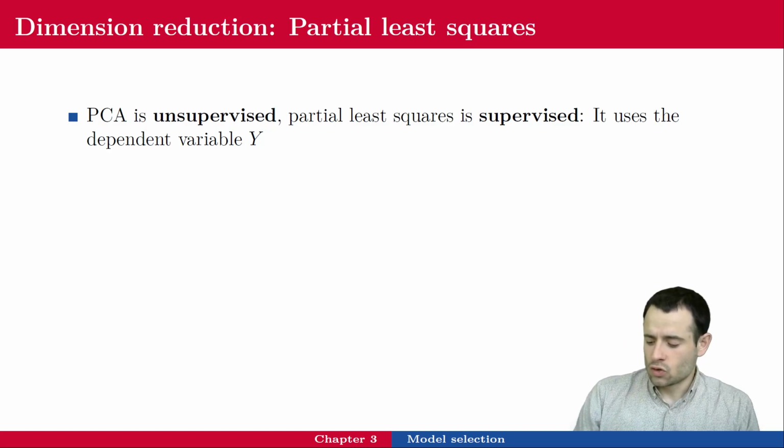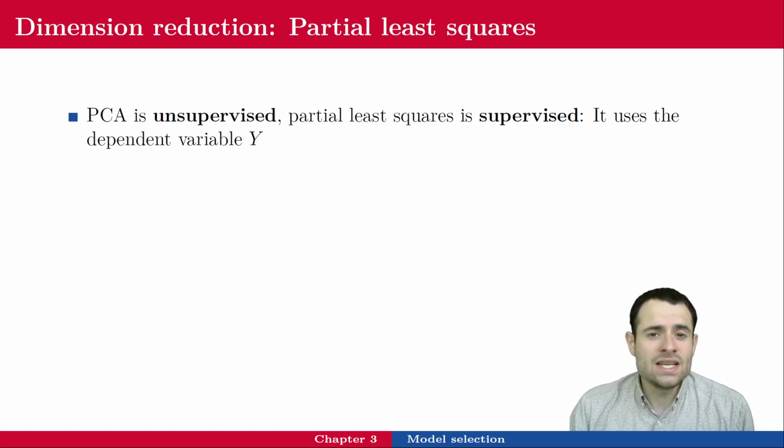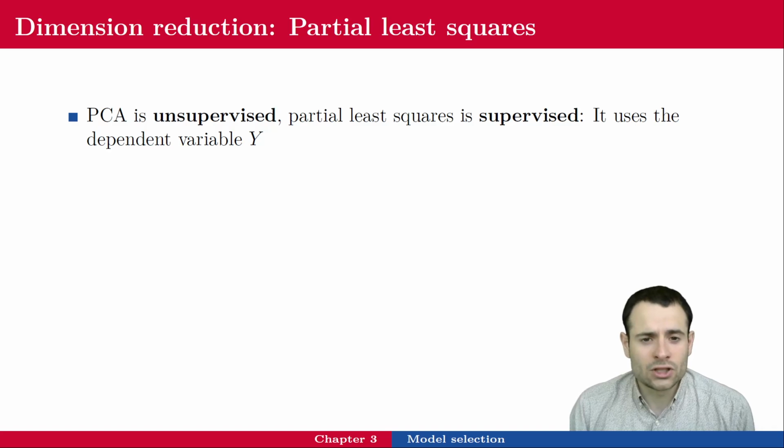So to find those combinations of z's, to summarize the data the best, we are going to involve y as well. The idea is that since y and x are correlated, when I build my z's, they should also result from some sort of correlation with y. So y should play a role.